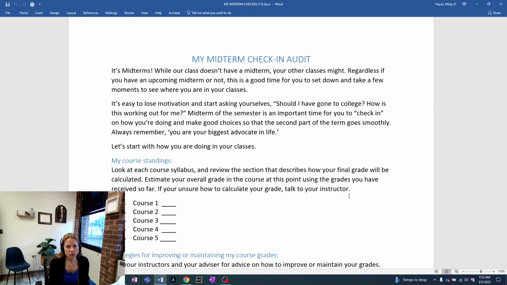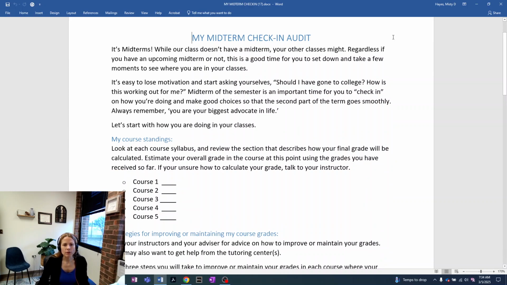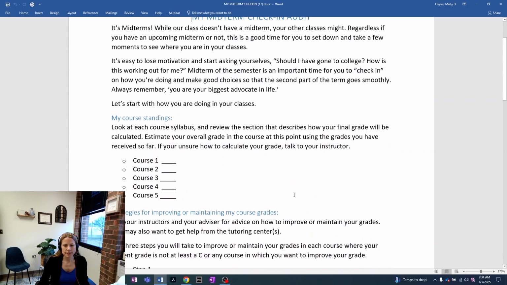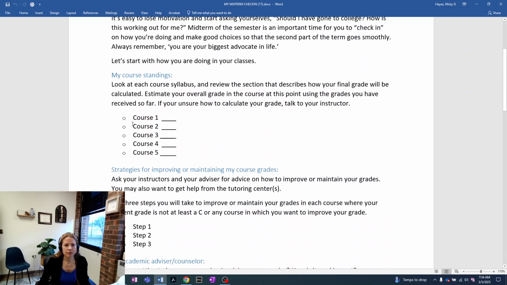In each of your courses at the midway point, you can have an idea of where you are. Maybe there are courses you're struggling in, maybe you're doing well in all of them but one. So I want you to really take time to reflect on how you're doing in all your courses. As you can see in the first section, under my course standings, you're going to be putting your grades.